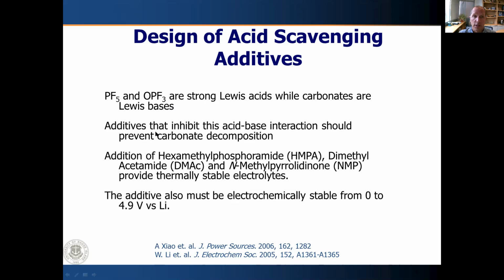If we are able to develop additives that inhibit this acid-base interaction with the carbonate solvents and generate stable species, then that may slow or stop the thermal decomposition reaction of the electrolyte, and also the thermal decomposition reactions on the surface and the etching of the cathode particles.